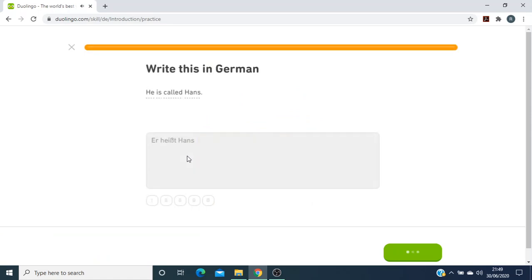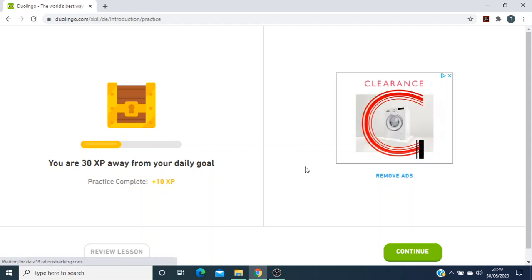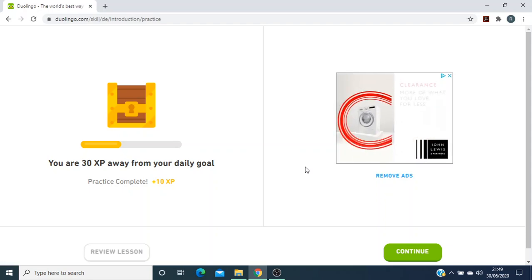In fact, we'll come across that with the verb essen, because when I first learned German, I learned essen with the S set. No, sorry, I'm talking rubbish.